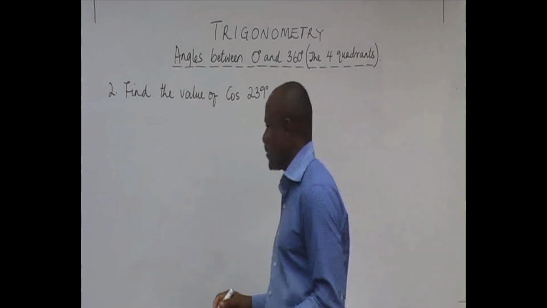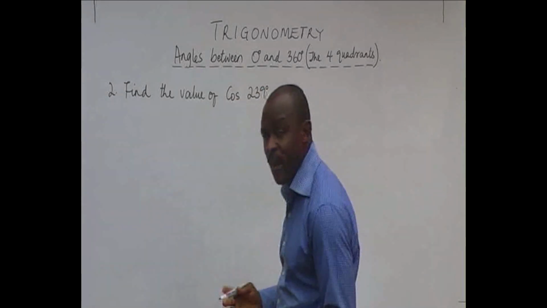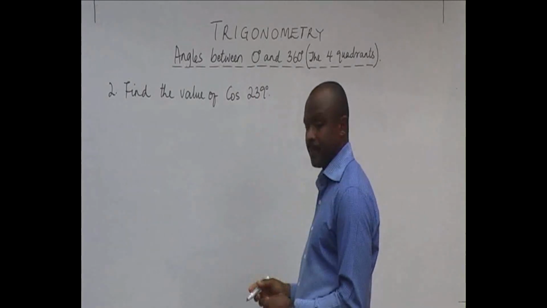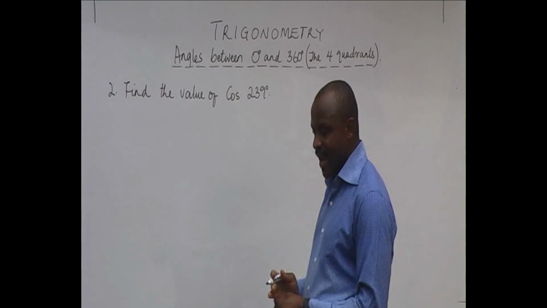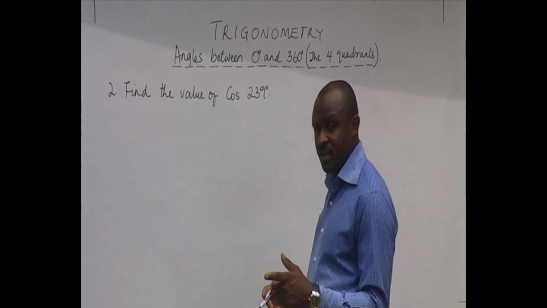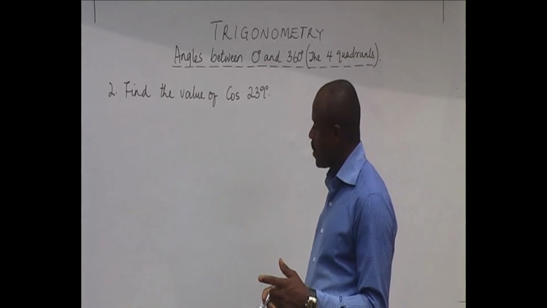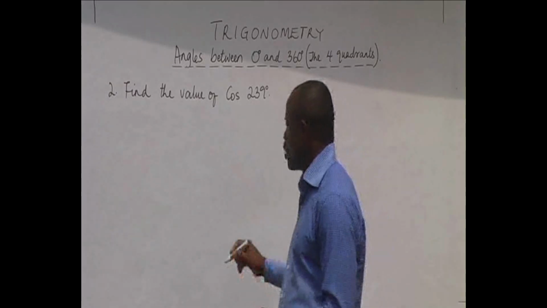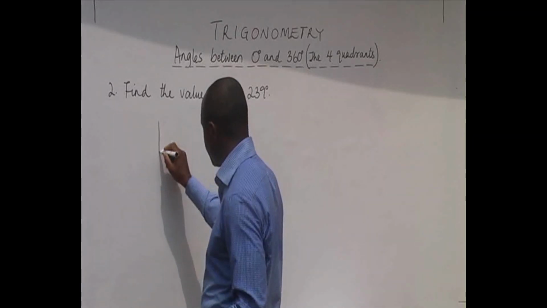Find the value of cosine 239 degrees. Just like the first question, ask yourself in which quadrant is 239. 239 has exceeded 180, but is not up to 270. That means it is in the third quadrant. So draw your third quadrant.